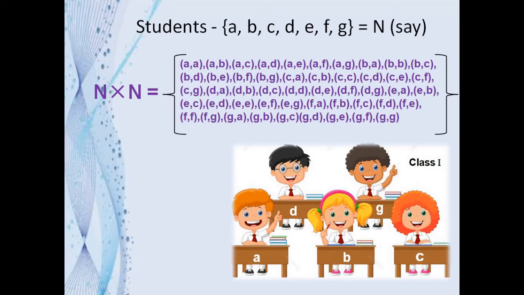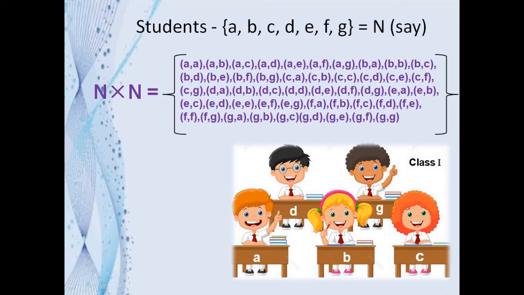Here the first coordinate A belongs to the set N and the second coordinate B belongs to the second set N. Here our first and second sets are both the same, that is N. In this way, the rest of the elements in that set are formed.